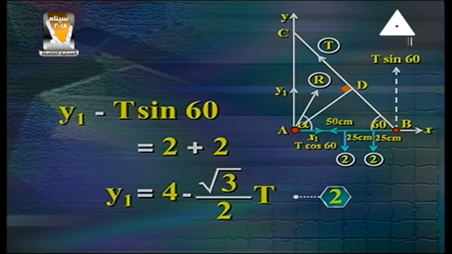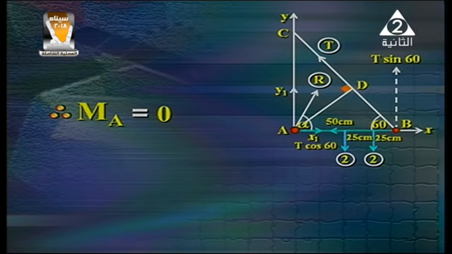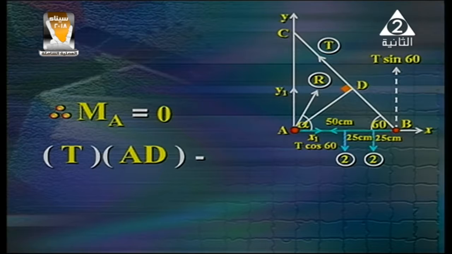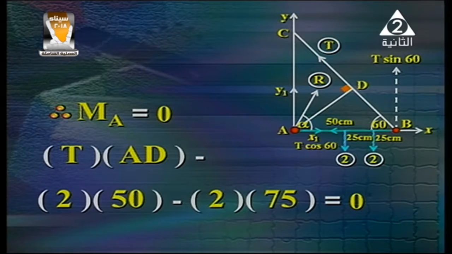We find the moment at point A, which equals 0. Then we have force T times the perpendicular distance from A, AD. After that, we have the 2 kilogram force times the distance 50, and the second force 2 times 75, the length between the second force and the point A. Remember, dear student, when we find the moment at point A, we have three forces.